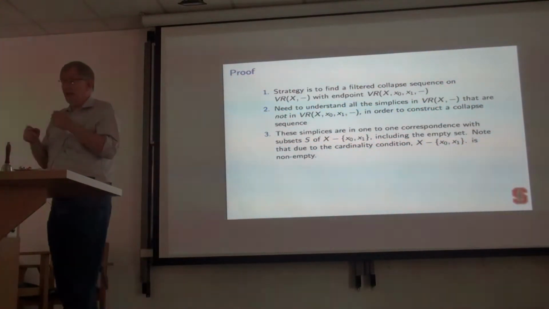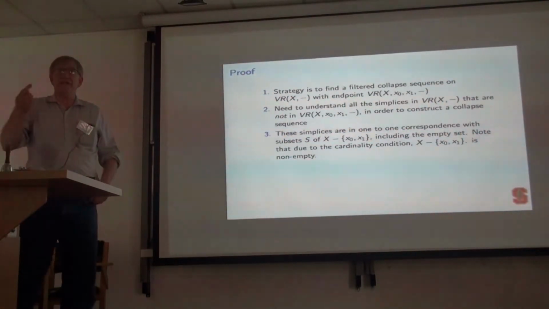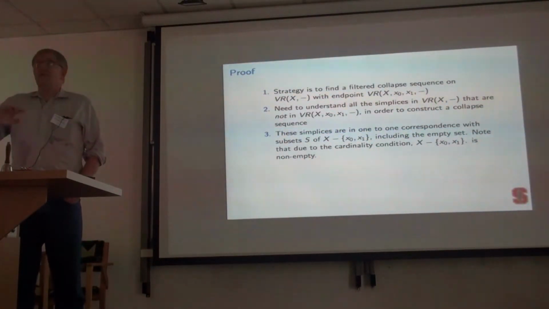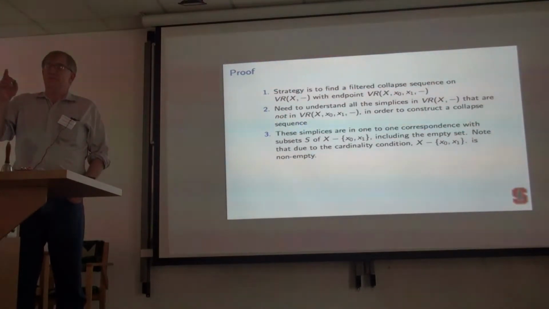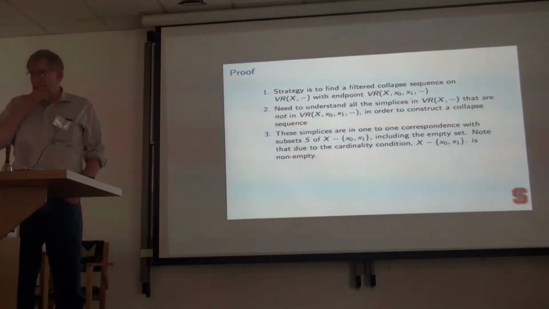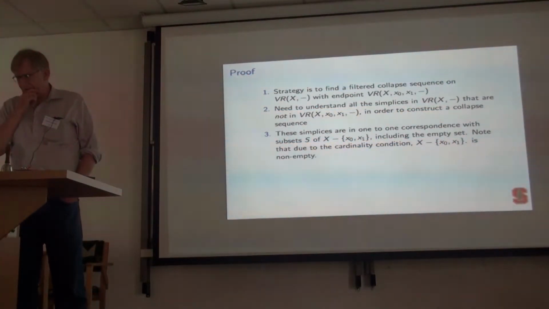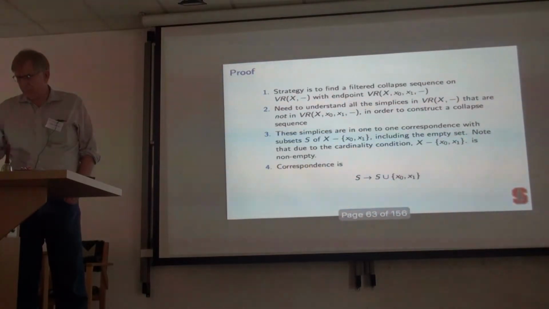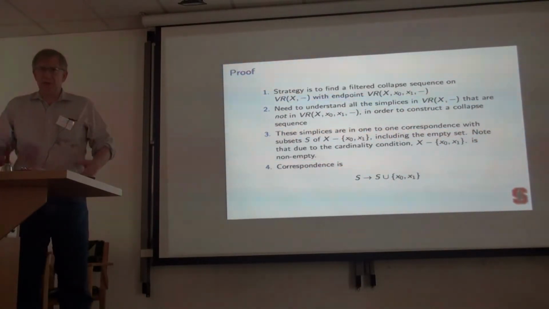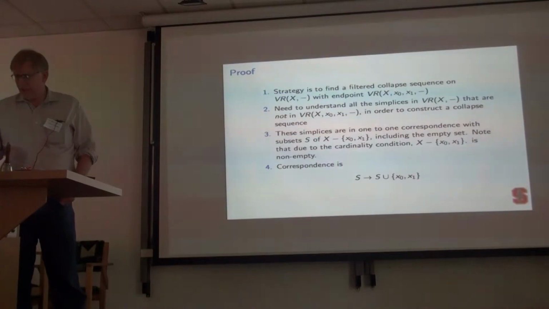It's that subset, so it's characterized entirely by that. So there's 2 to the n of those, where n is the cardinality of x minus x0 and x1. So that's the correspondence, a very simple understanding of that.